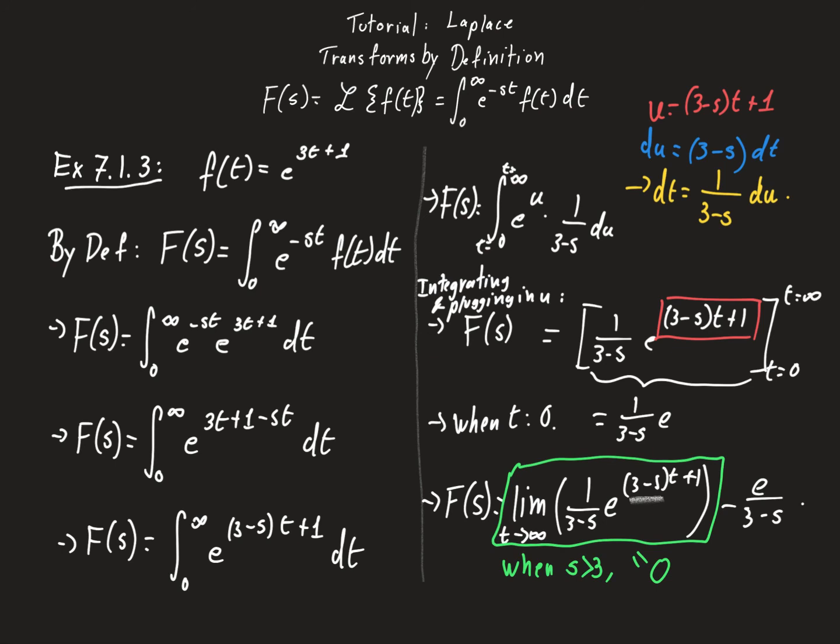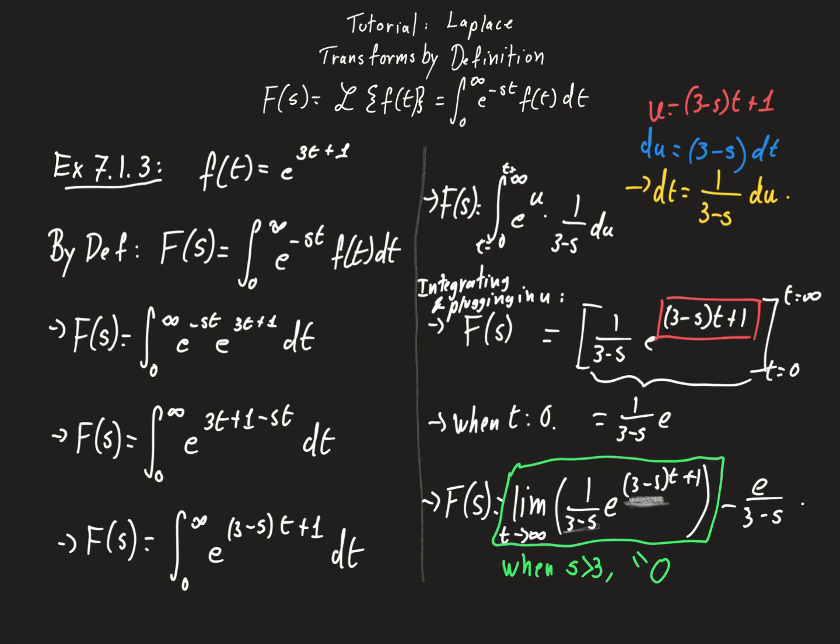In order for this exponent to be negative, we need to have s strictly greater than 3. If s is not strictly greater than 3, then either we're dividing by 0, which we can't allow, or this exponent is positive, and as t goes to infinity, this whole thing will go to infinity, and therefore it does not converge.